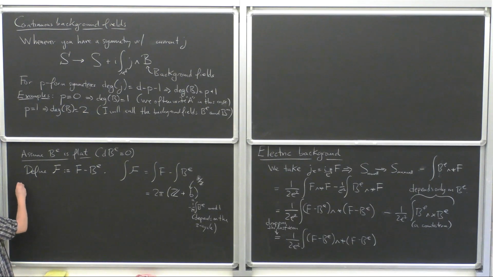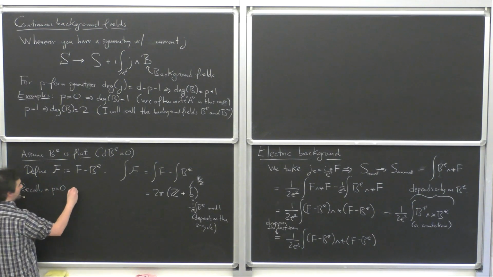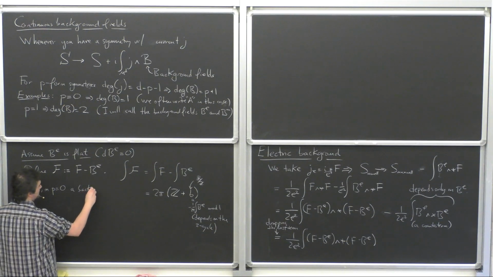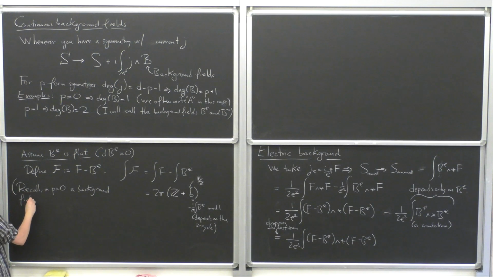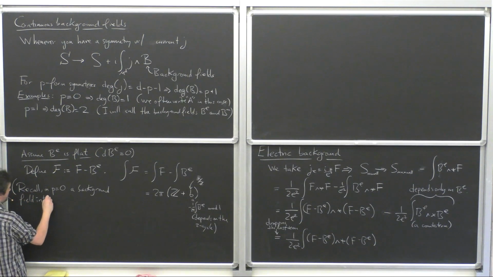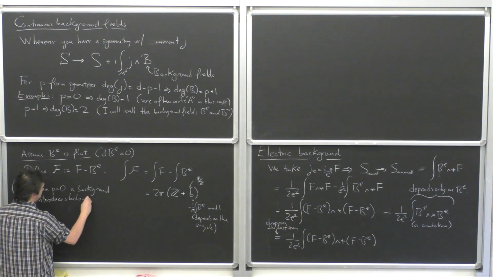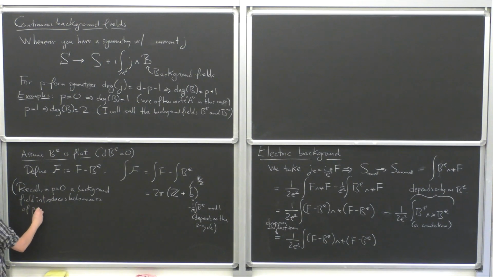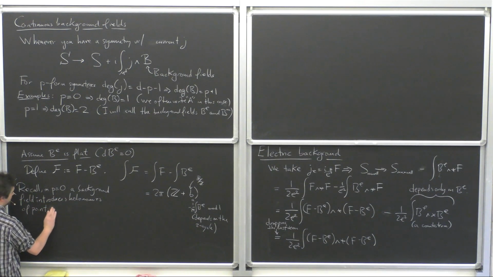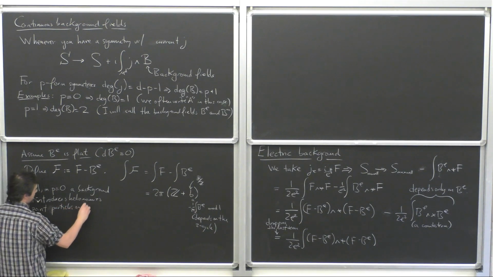So recall, in p equal to 0, a background field introduces holonomies of point particles on one cycles.